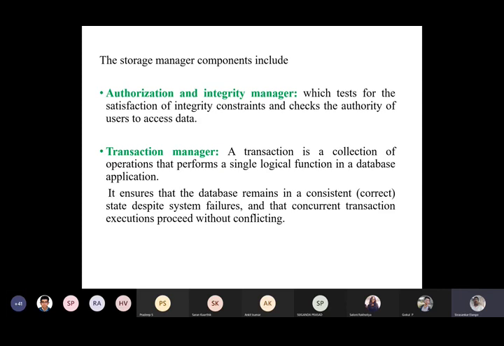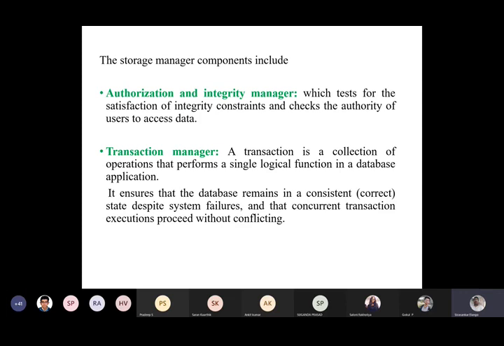You all know that there may be different failures while you execute a system, like hardware failure, software failure, power failure, disk failure, network failure, and so on. So you need to ensure that the system is consistent despite failures. A transaction occurs completely or not at all. That's the property of atomicity, and it ensures that concurrent transactions execute without any conflicts.